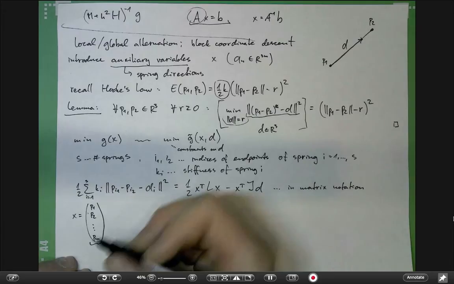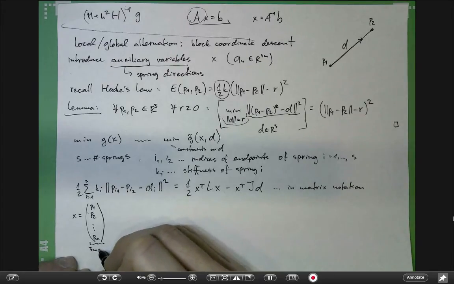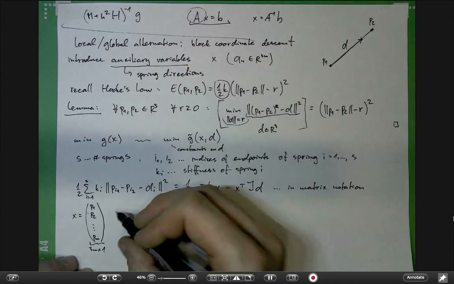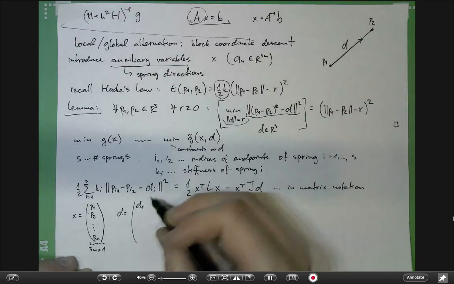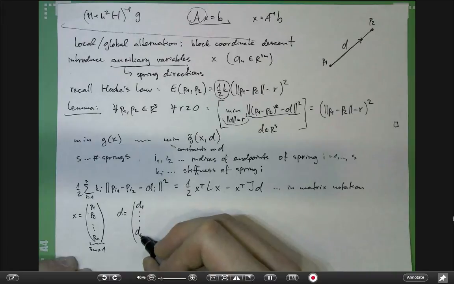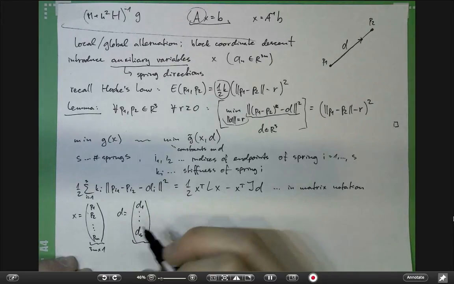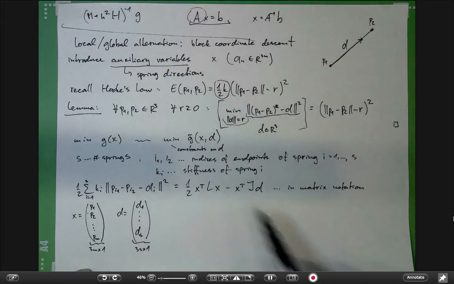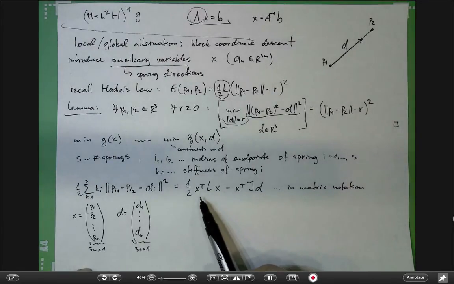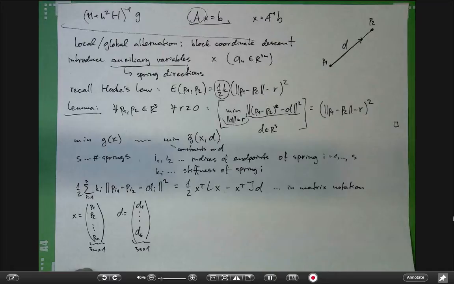So it's a 3m by 1 vector, right? What is D? Well, obviously it's a vector that stacks all the D vectors, D1 up to Ds, and this is a 3s by 1 vector, right? So this also tells you what the dimensions of the L and J matrices are.